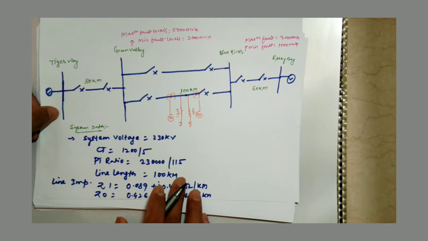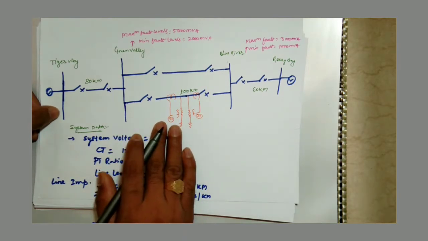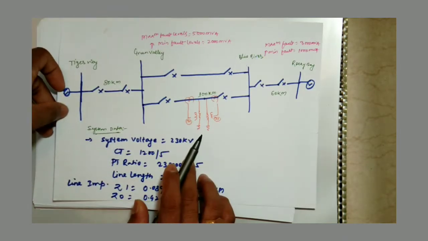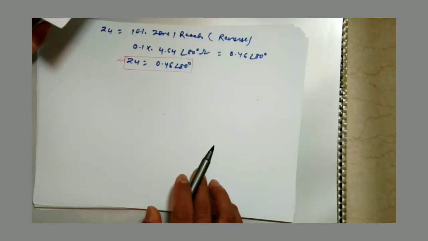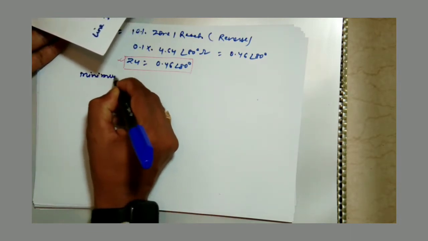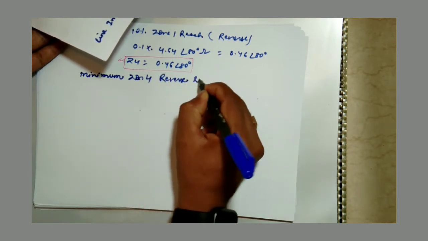Zone 4 setting will be 120% of the remote zone 2 reach minus the protected line length. Yes, we will have another zone 4 reach setting, that is the minimum zone 4 reverse reach setting.